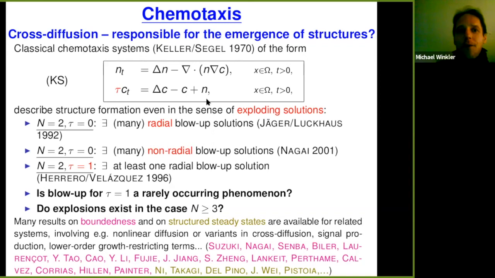There is a whole zoo of models which have some variations in the diffusive part, in the cross-diffusive part, in the signal production part. There are 3 or 4 or 5 equations to be added if you have some more complex couplings in biology. And there are many, many works which deal with boundedness for this and that problem under this and those conditions.